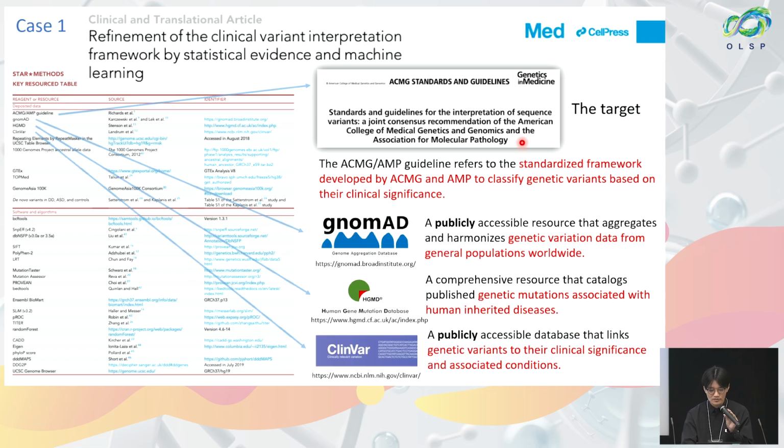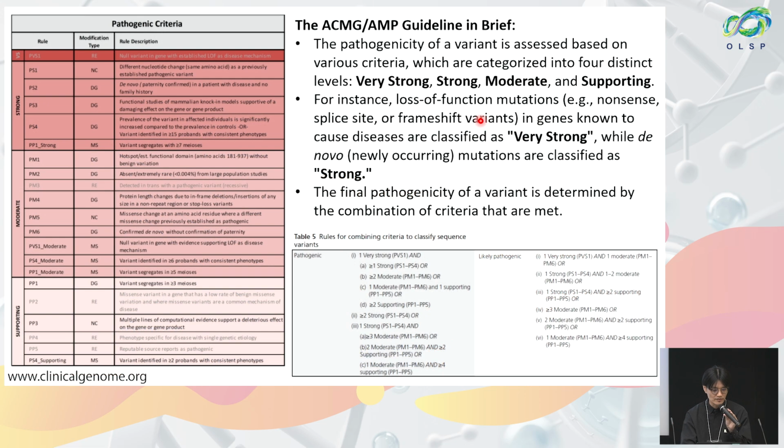So first, briefly describing this ACMG-AMP guideline, the variant interpretation framework. In this guideline, the pathogenicity of a variant is assessed based on various criteria, which are categorized into 4 distinct levels. The first one is very strong, PVS, and the second one is strong, followed by moderate and supporting.